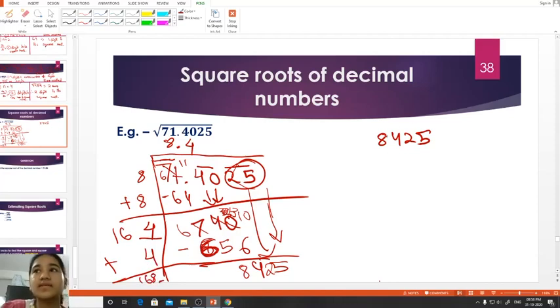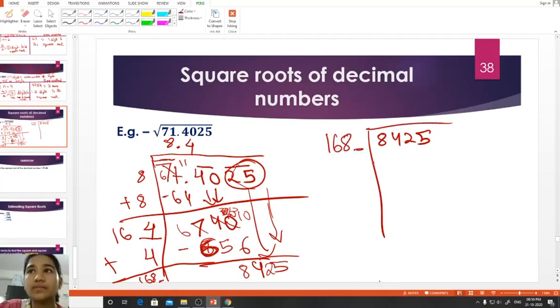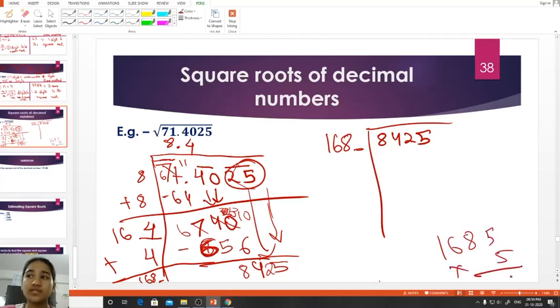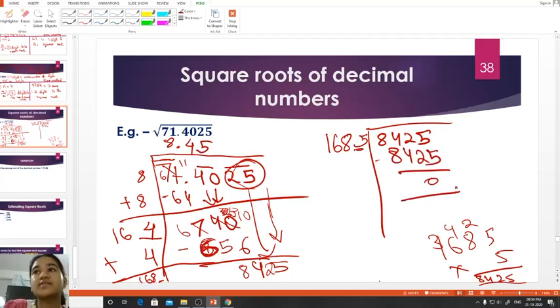What number must be placed here? 168, and what number must be placed here? 1685 into 5, because for the 25 we have to see the units digit. 5 times 5 is 25, 2 8 for the 42, yes, 30, 34, 8 4 2 5, it's correct. So we are going to place 5 over here. It's 8425 and 0. That means the square root is 8.45.